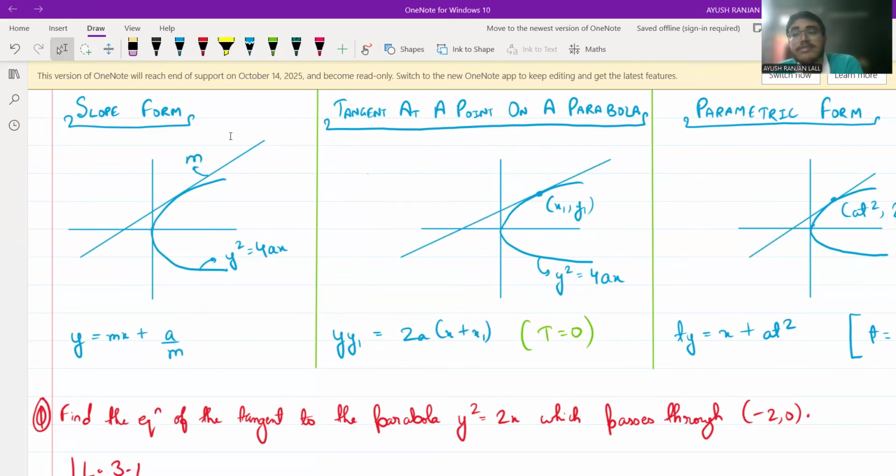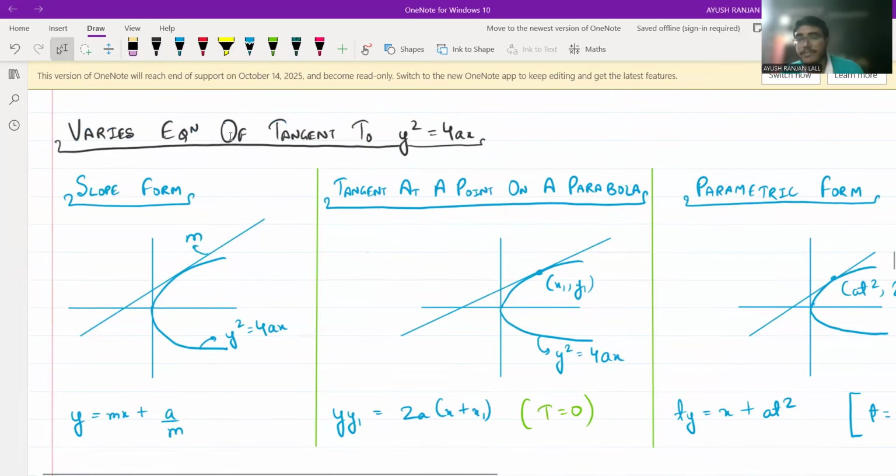In circles, what do we have as the value of c? Plus minus r root under 1 plus m square. Okay. Next, for the tangent at a point on a circle, we use what? T equals 0. y square is converted into y y1, and x is converted into (x plus x1) by 2. Then next, parametric form.